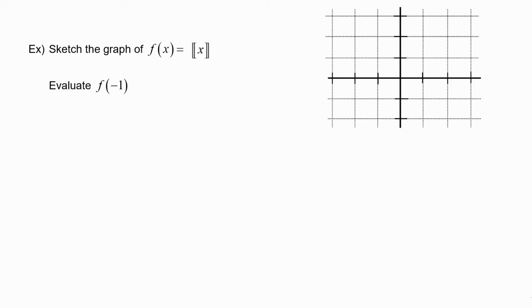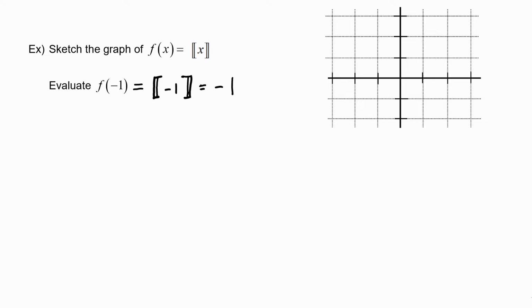In this example, we have to sketch the graph of f of x equals greatest integer of x. First, let's evaluate f of -1. So we know that the greatest integer of -1 is going to equal -1, because -1 is the largest integer that's less than, or in this case, equal to -1.